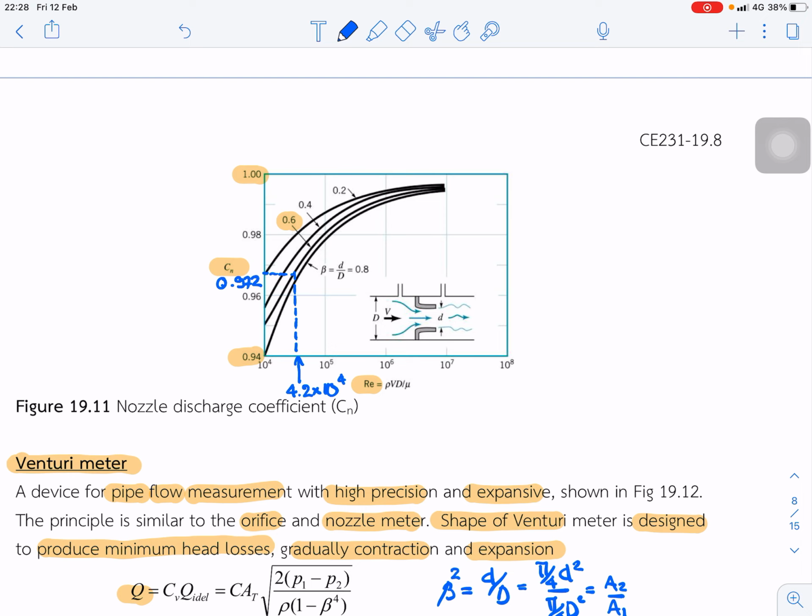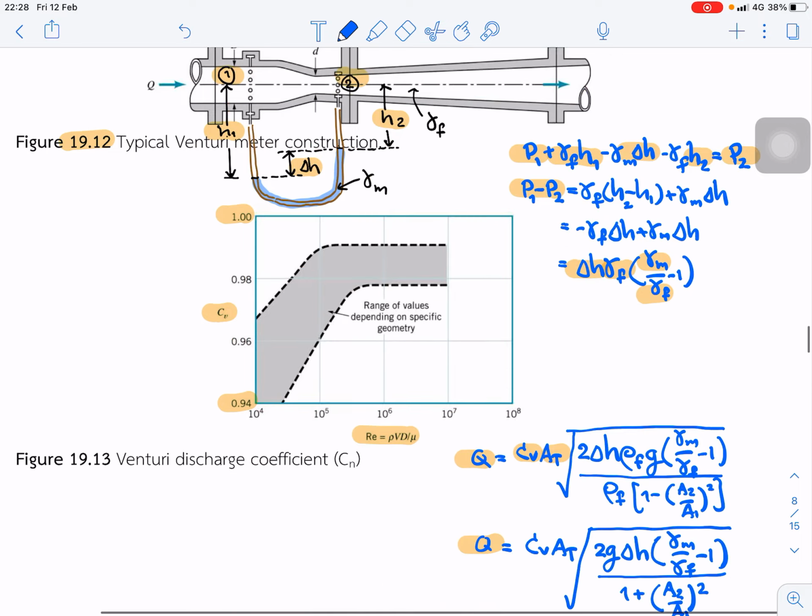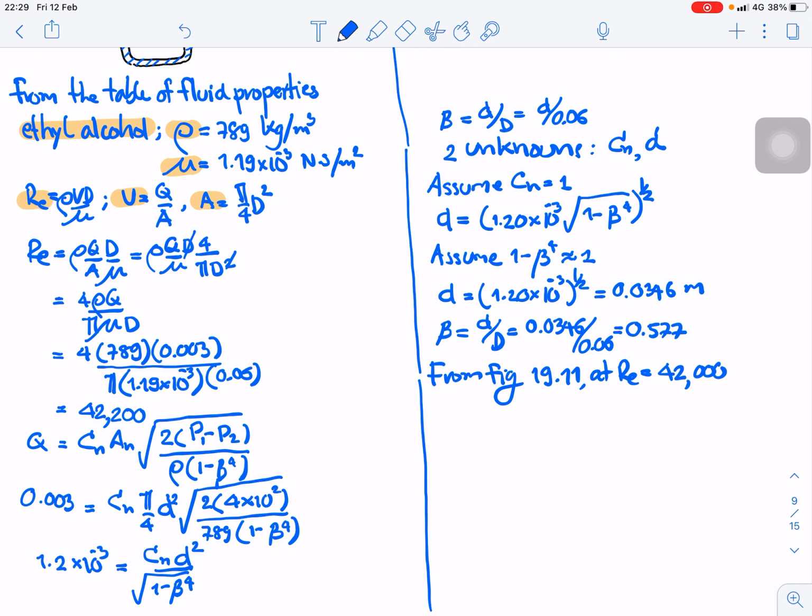So you got about 0.97. This one we can read from the curve, Cn is about 0.972.